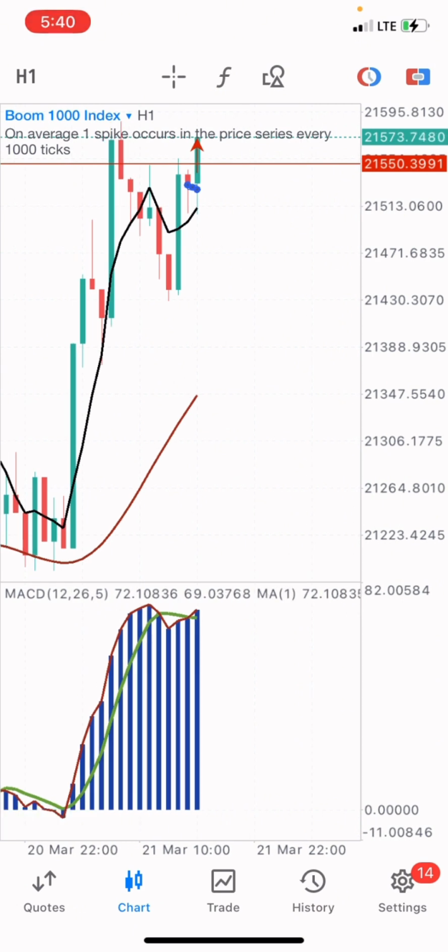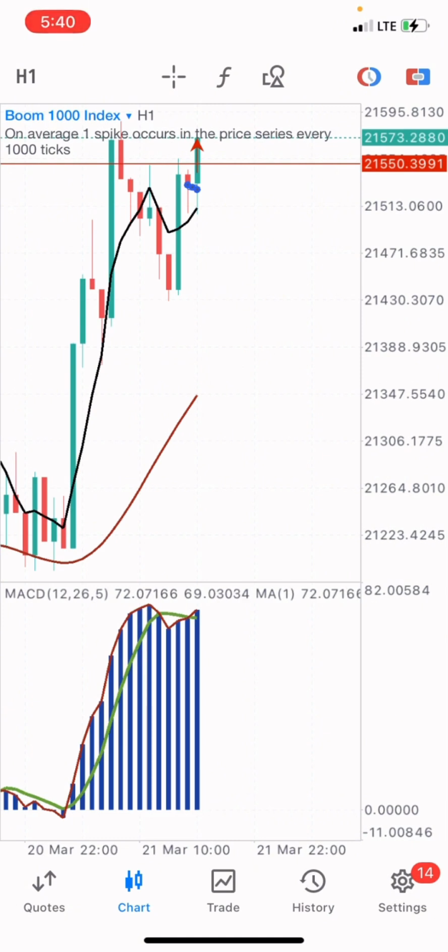Now this is one secret. The higher the time frame you analyze the market from, the stronger your analysis, because the higher time frame shows you a bigger picture of the market. You get to see what the market has done in a bigger picture.